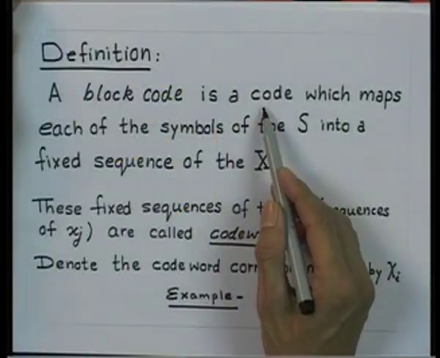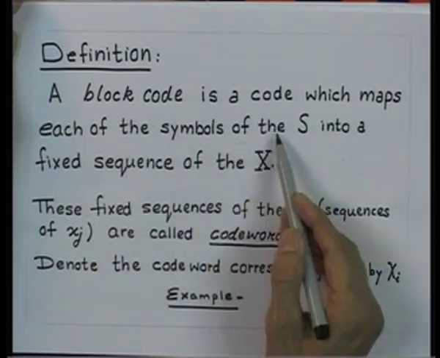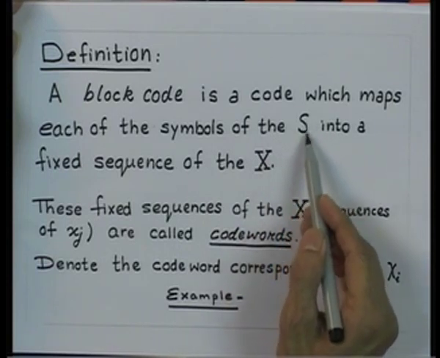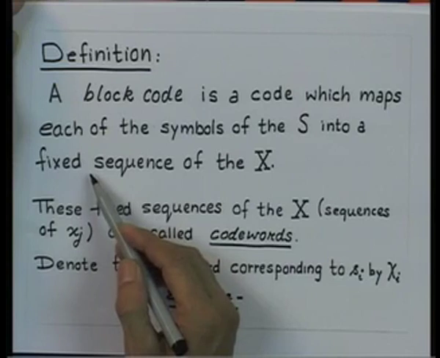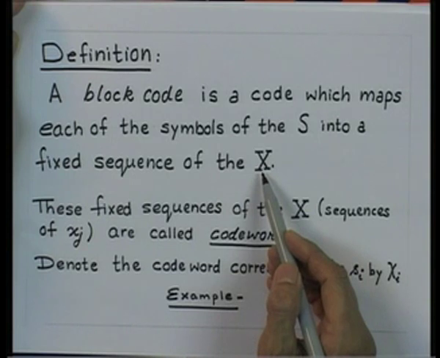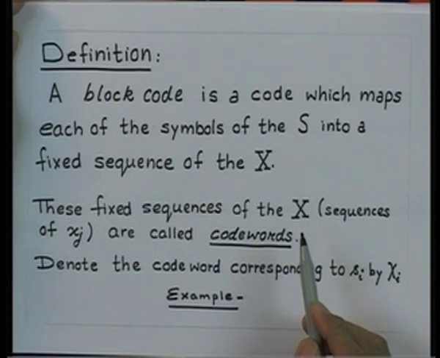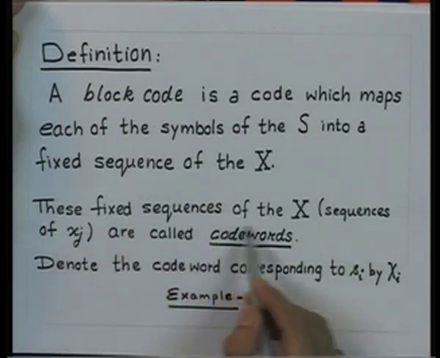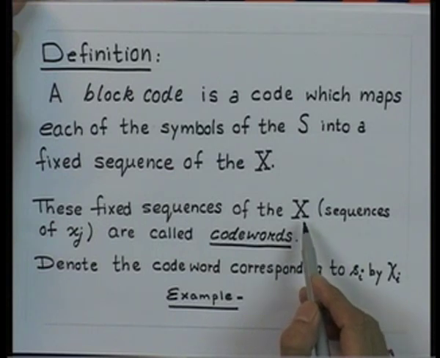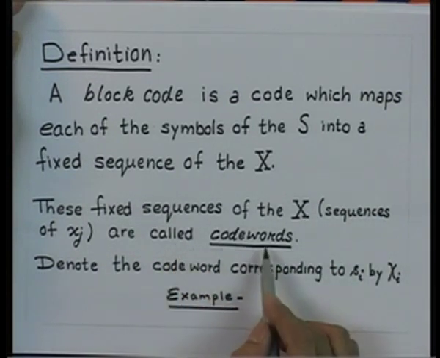A block code by definition is a code which maps each of the symbols of the source alphabet S into a fixed sequence of code symbols from the code alphabet X. These fixed sequences of the code symbols Xj are called code words.